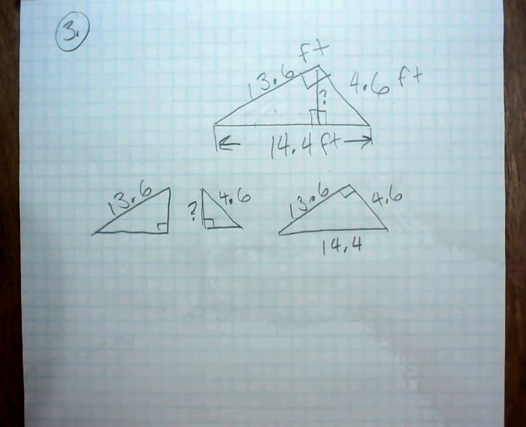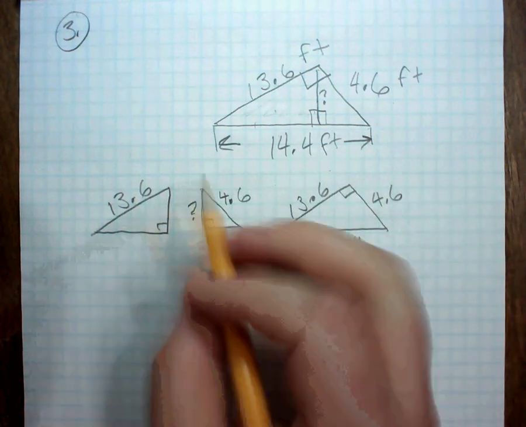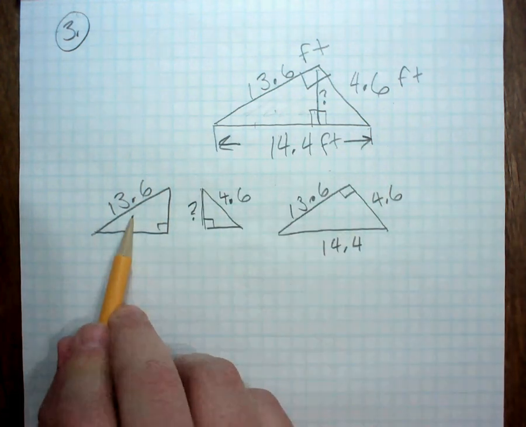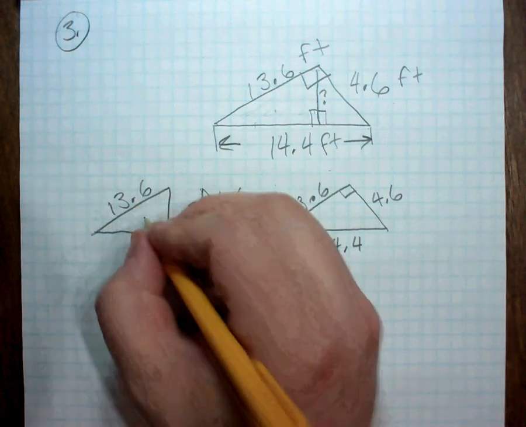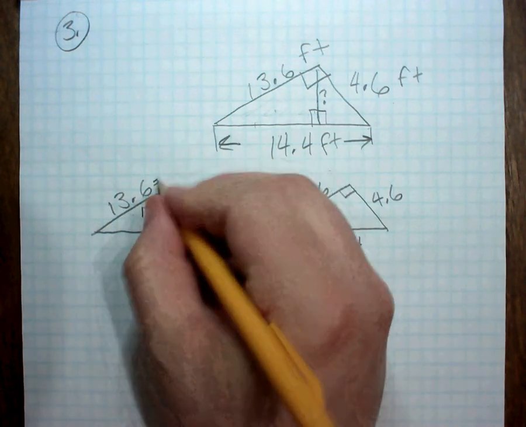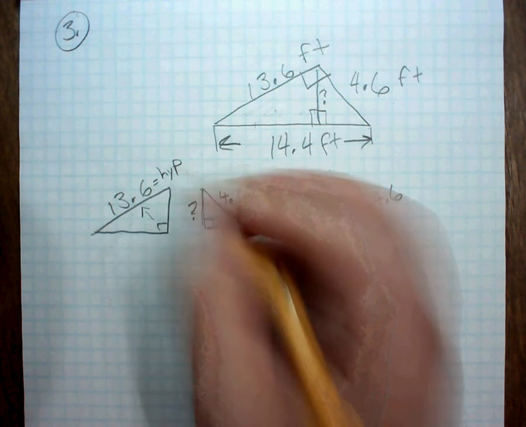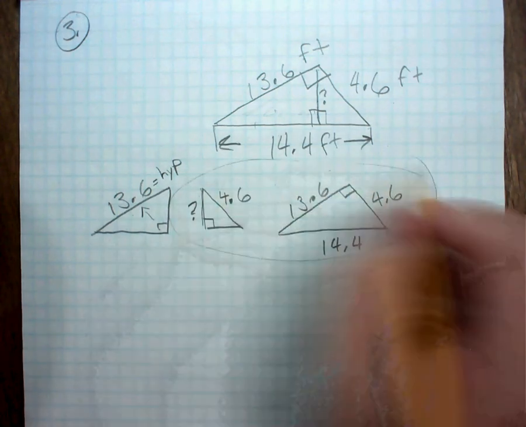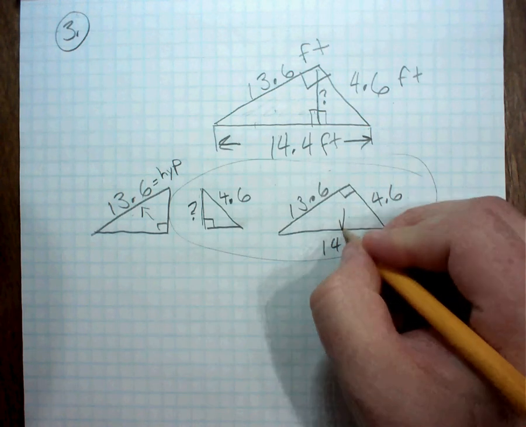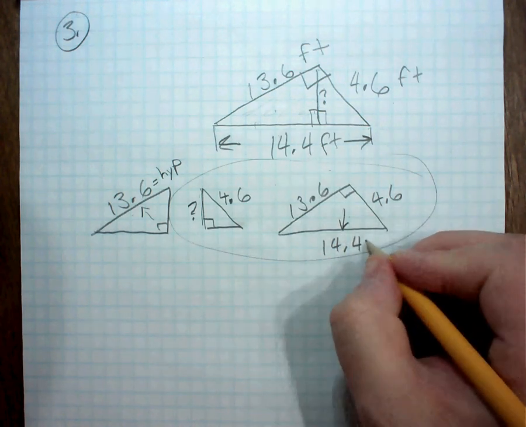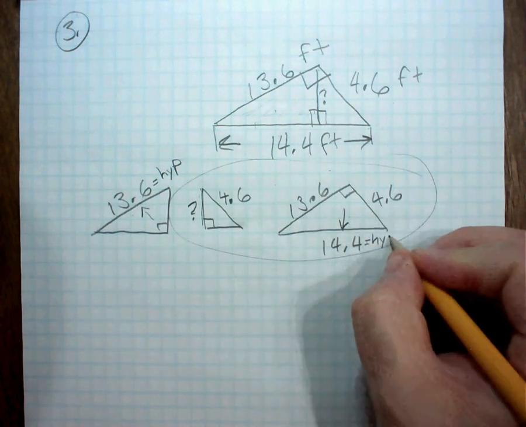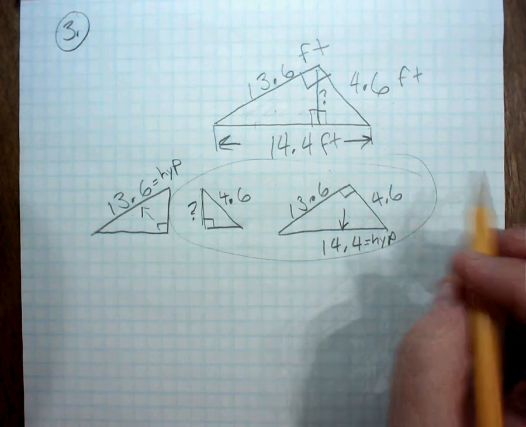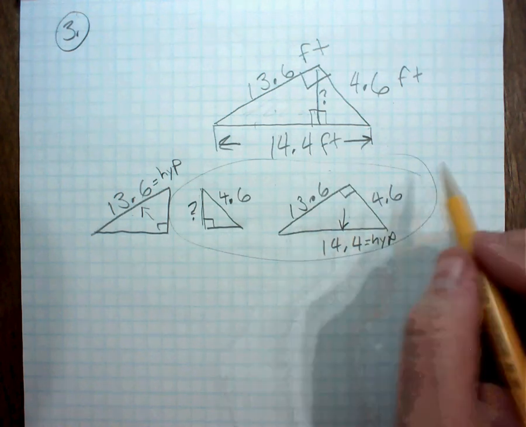That little question mark, that's what I'm interested in. This triangle doesn't really help me with anything, because while this is the hypotenuse, I don't have another side leg. So these are the 2 proportional triangles that I'm interested in, where the side across from the 90-degree angle is the hypotenuse. And then I just got to figure out what's what.